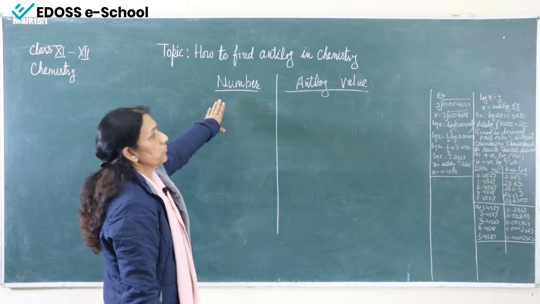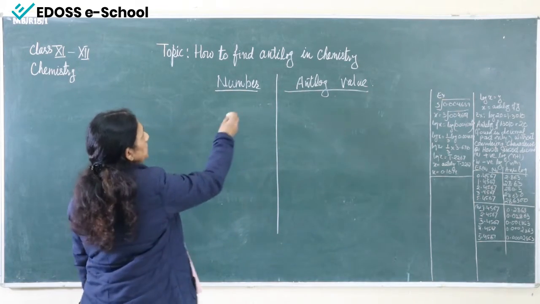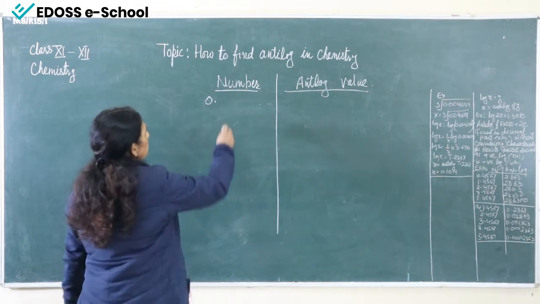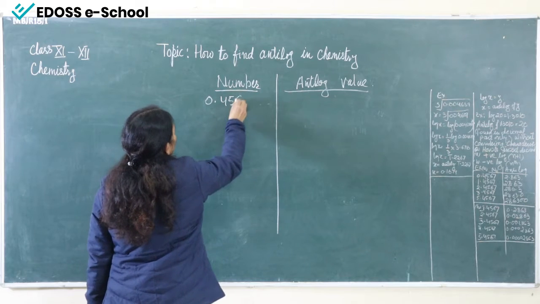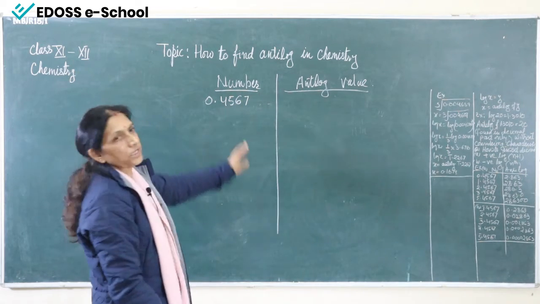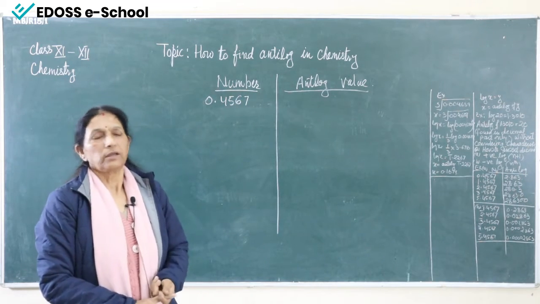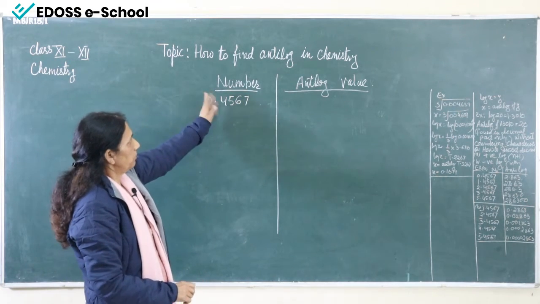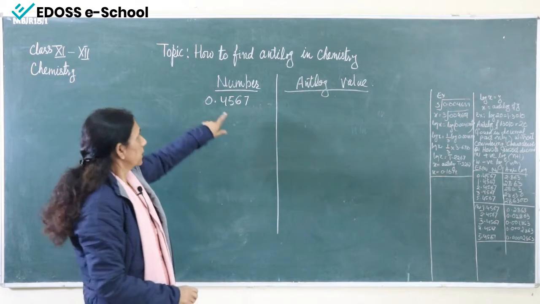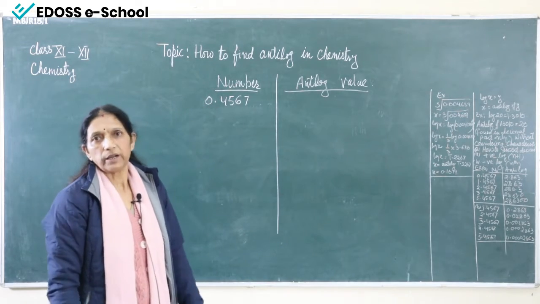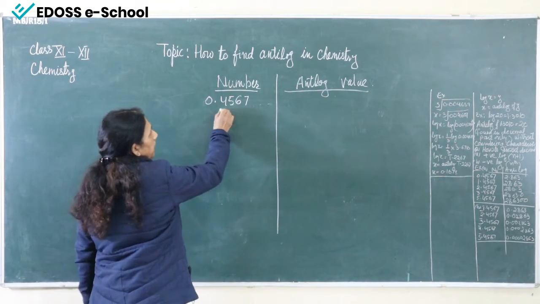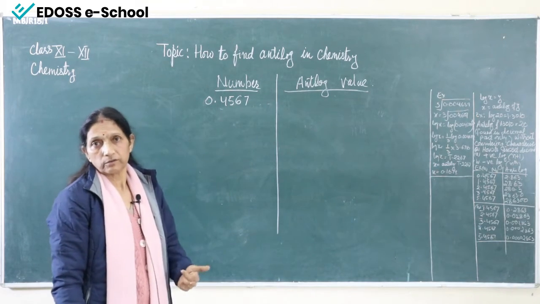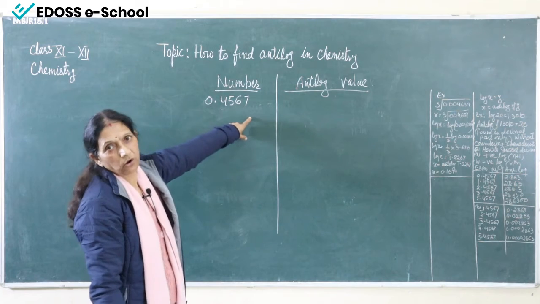Suppose the number is 0.4567. I have to find its antilog. Because only the decimal part is needed and the characteristic is not required here, I will use the antilog table.